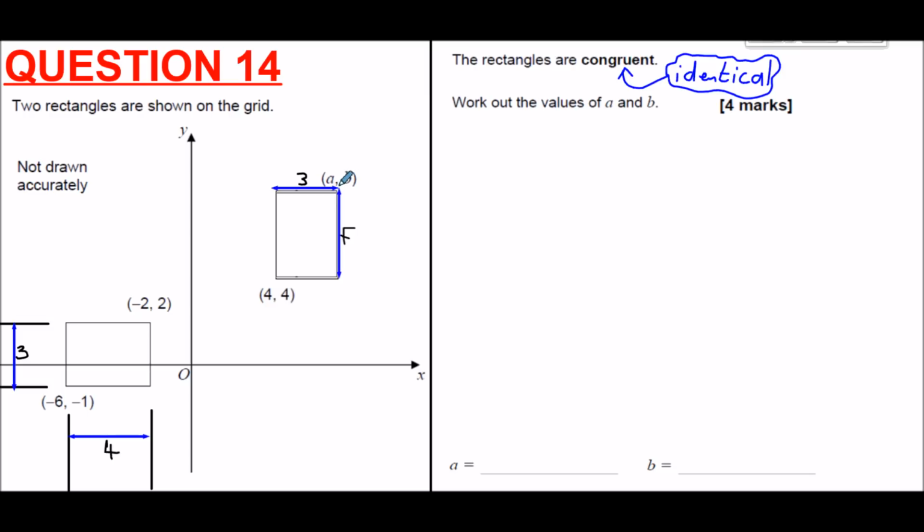So A is all the way over here on the top right corner, and A is the x coordinate. So first we'll start off at 4, and then we go 3 along. So 4 plus 3 means that A would actually be 7.